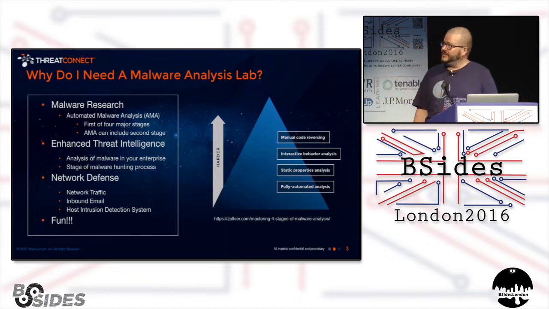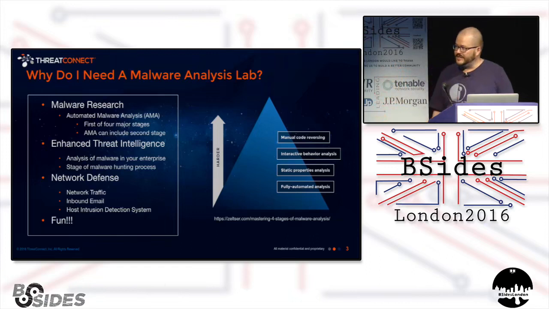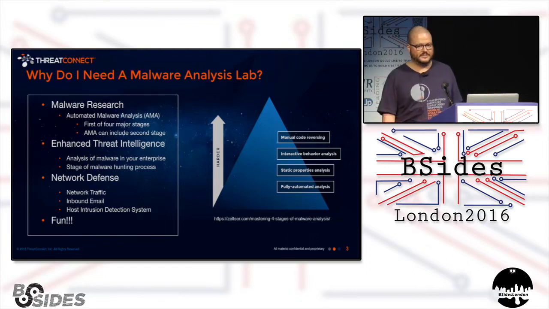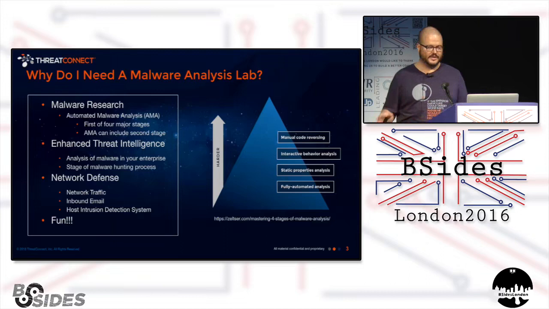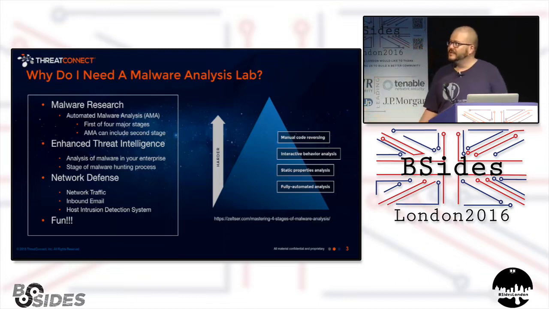You also can enhance your threat intelligence. If you have a threat intelligence program, you can analyze malware from incident response teams. You can also analyze malware that's found from hunt teams. And then one of the basic pieces of automated malware analysis is network defense. You need an automated malware analysis system that's pulling files from network intrusion detection systems, such as Bro, and actually we'll talk about Bro in a little bit.